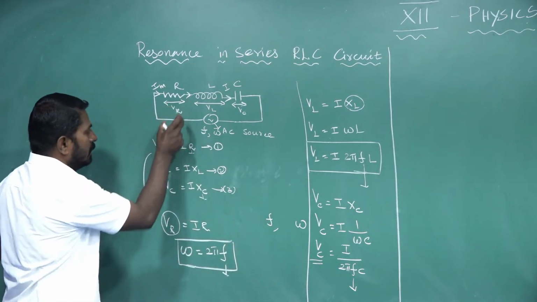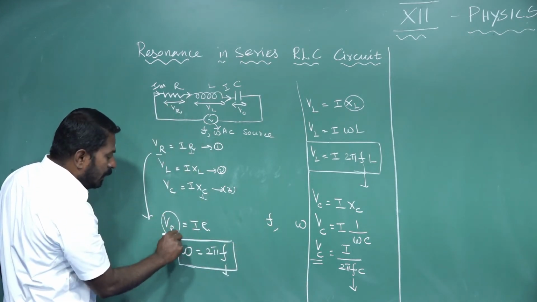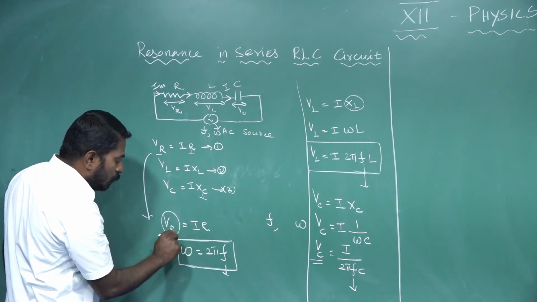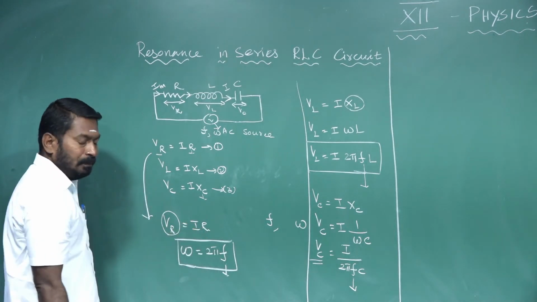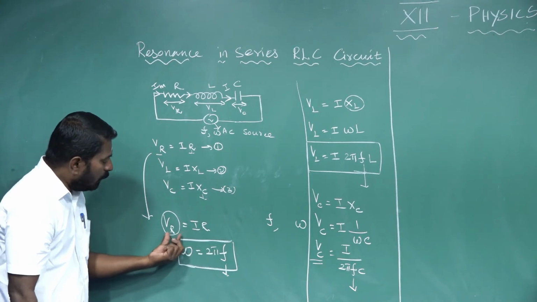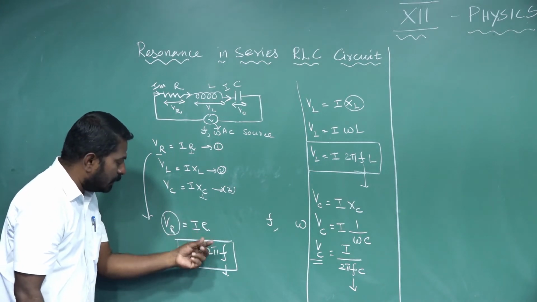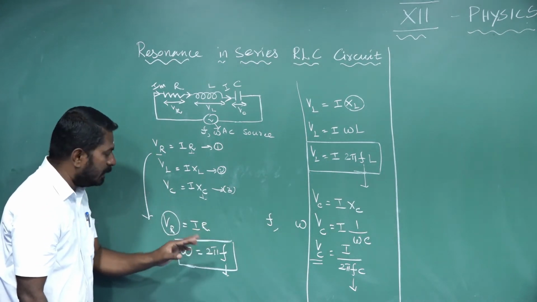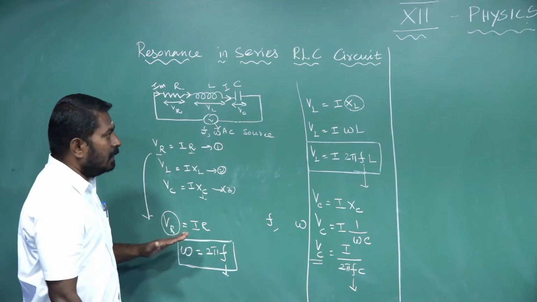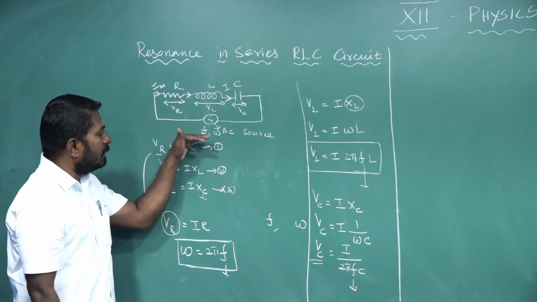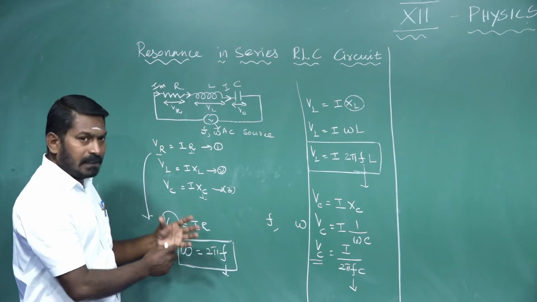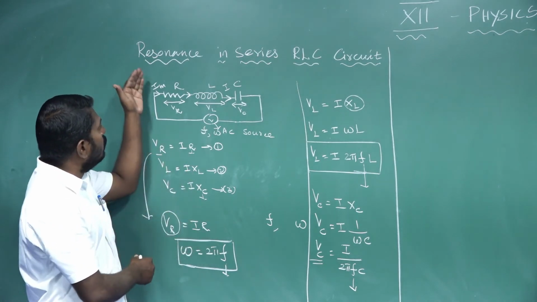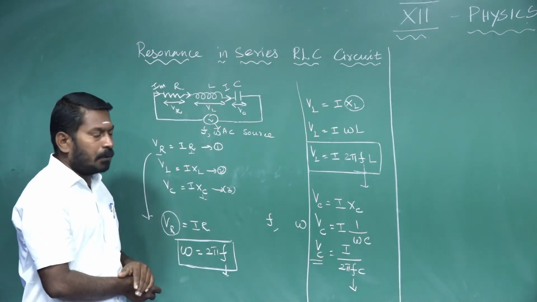But the voltage across the resistor, VR, is equal to I into R. So the voltage across the resistor is independent of frequency, because its expression does not contain the frequency term. The voltage across the resistor is independent of the frequency and angular frequency of the AC voltage. This is the important thing before going to see resonance in the series RLC circuit.